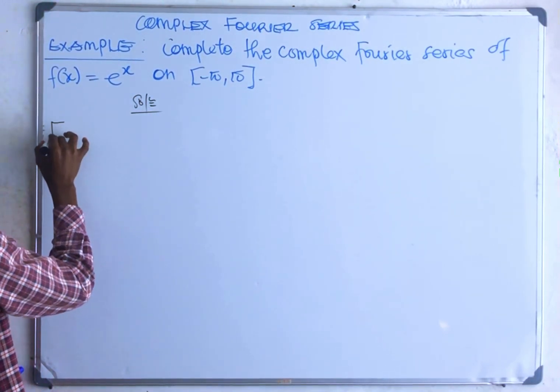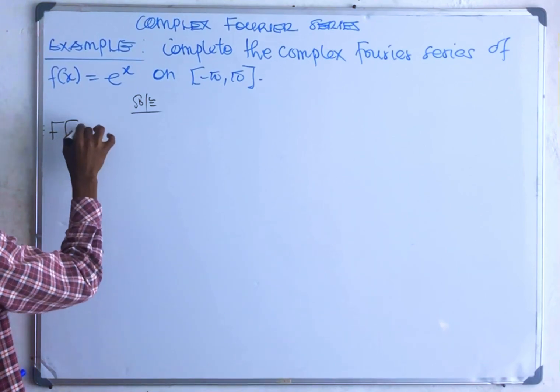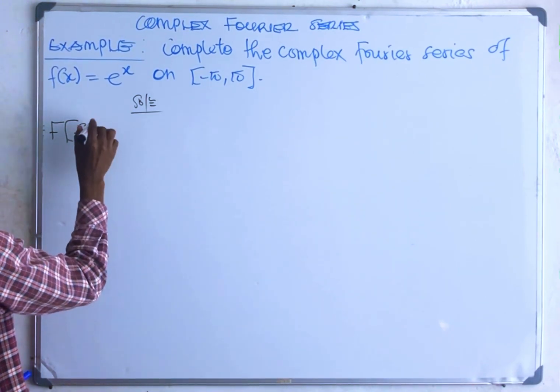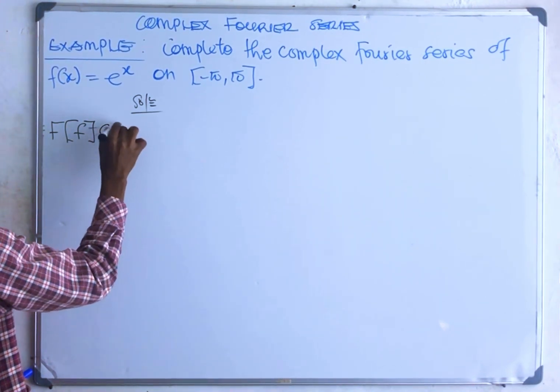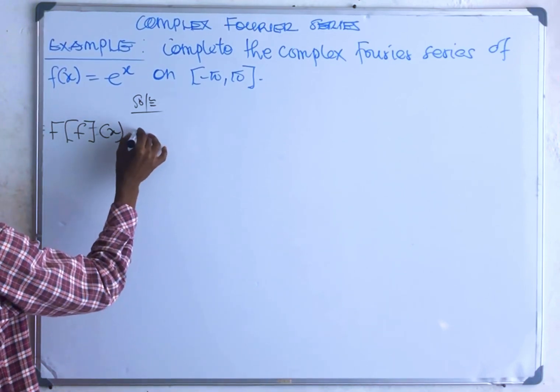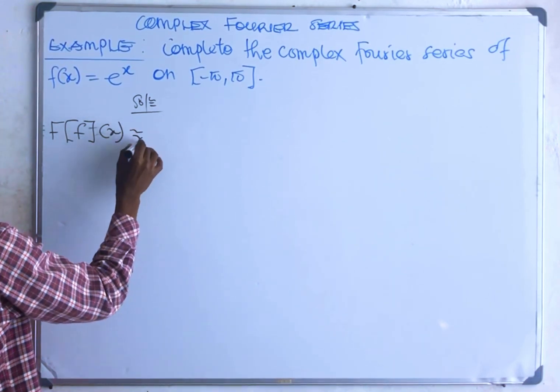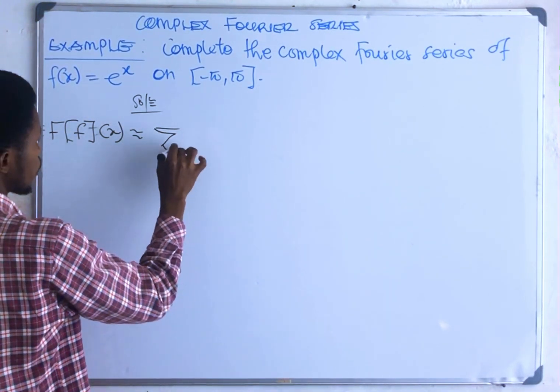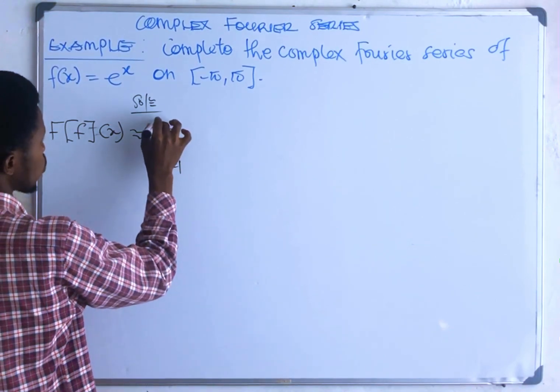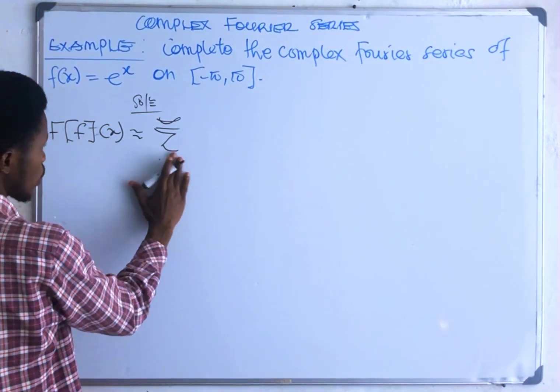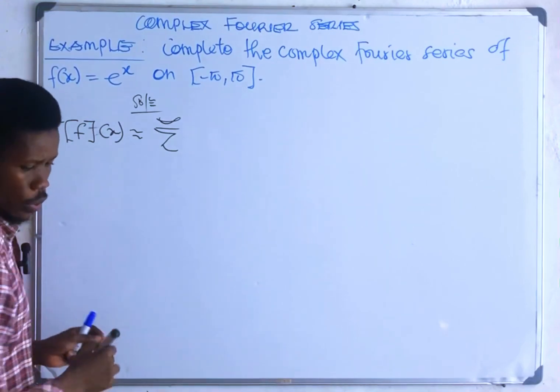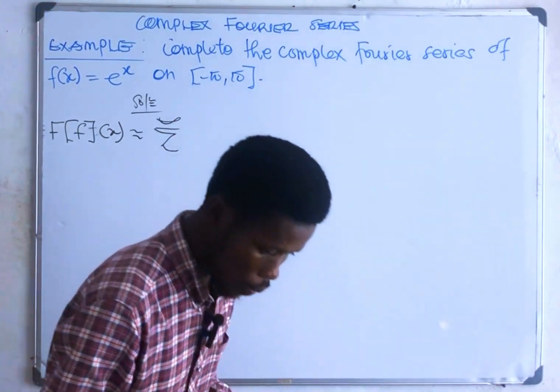So the first thing: we said that this is given as the sum from n goes to 1 towards infinity, right? So this one is supposed to be negative infinity to infinity. So let me check.